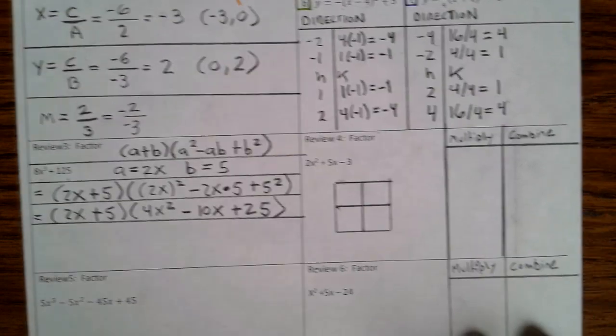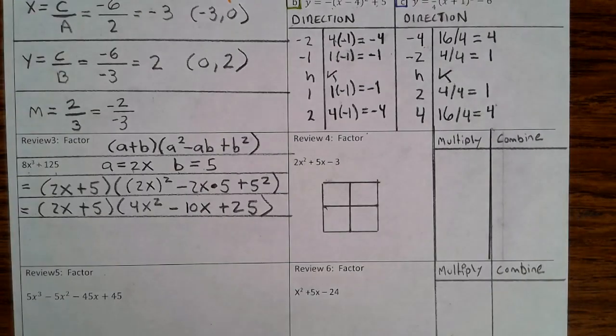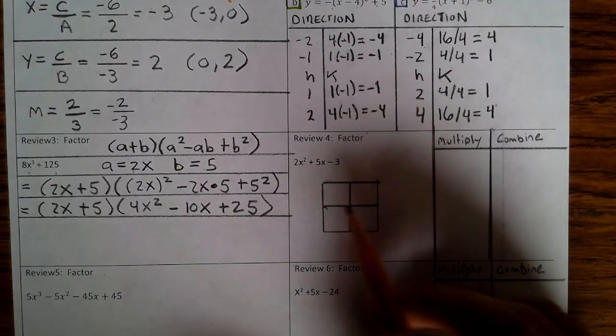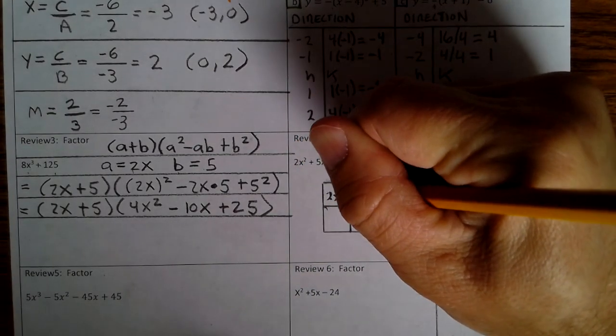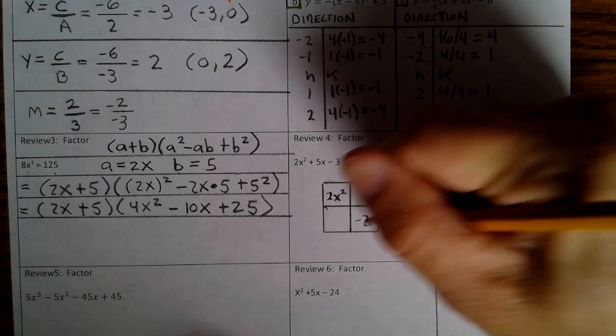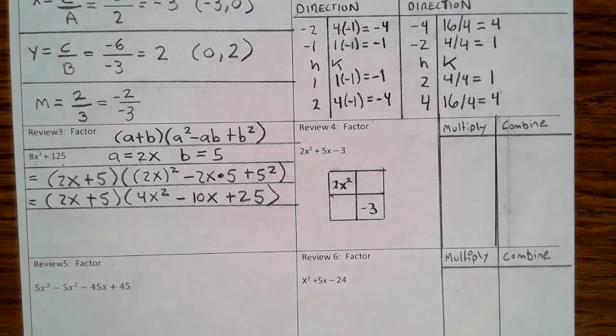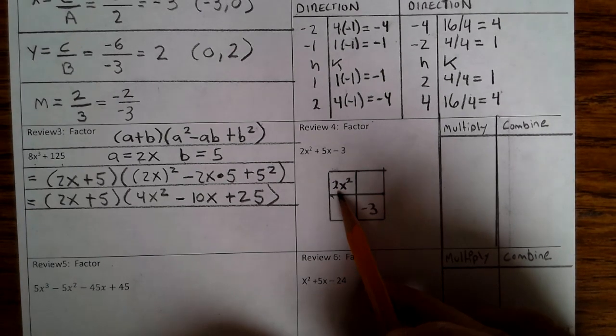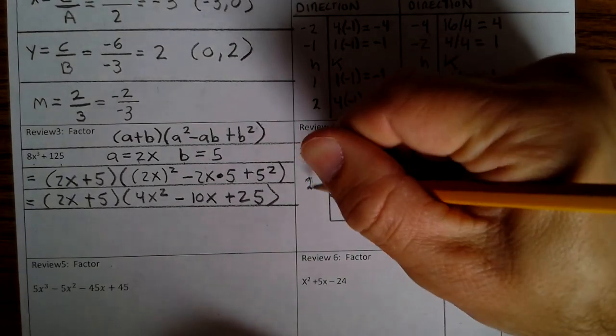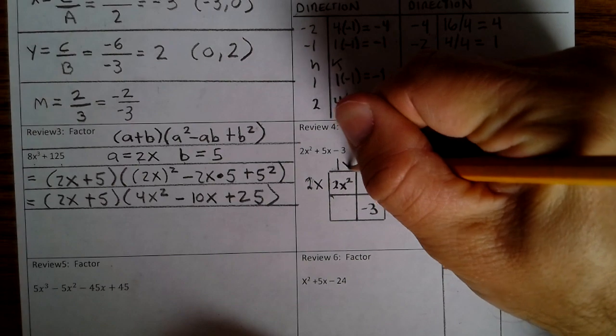All right, review 4. Now let's review factoring a polynomial. So when you do that, you use reverse box method. So first term, last term. Now you have to ask yourself, well, what do you multiply to give you 2x squared? Well, the answer to that is 2x and 1x.